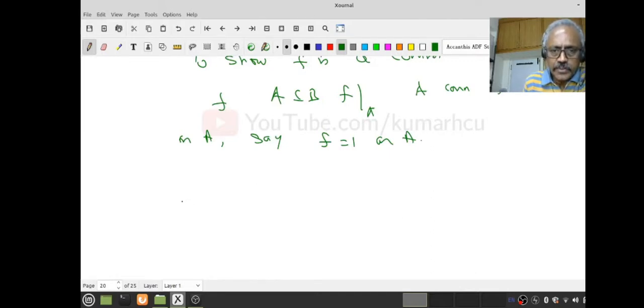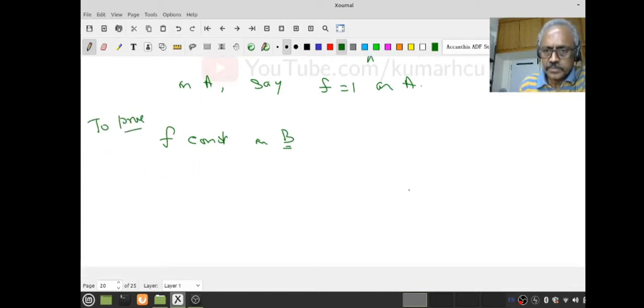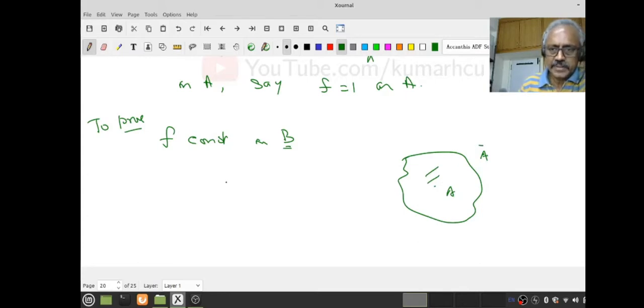I want to prove f is constant on B, because I want to show B is connected, right? Now let's look at the picture. So this is my A, the interior, and this is my A closure, and B may be in between. Okay, now start with any x in B.